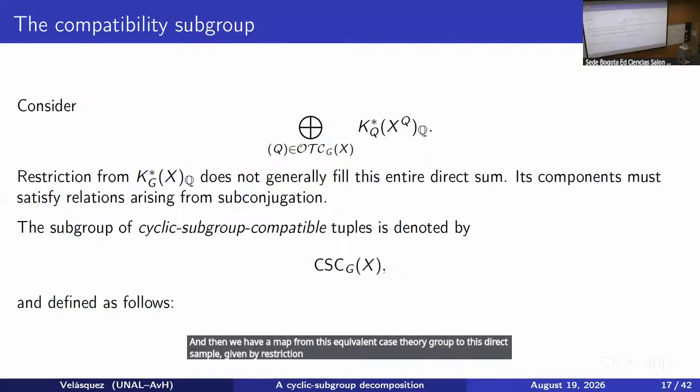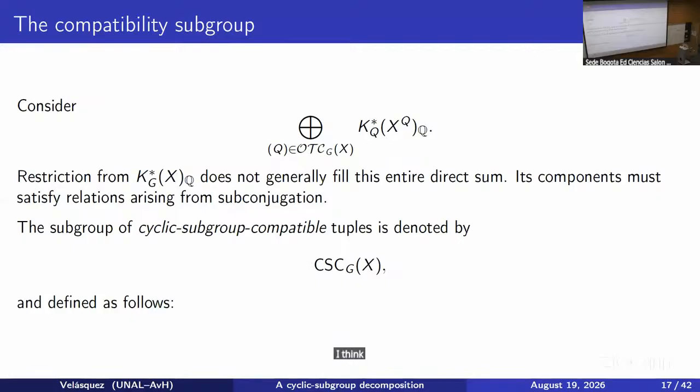Take a G-vector bundle over X, restrict to the fixed points, and restrict the action to these subgroups Q. But the canonical map is not surjective. The image of this map is not the complete vector space.